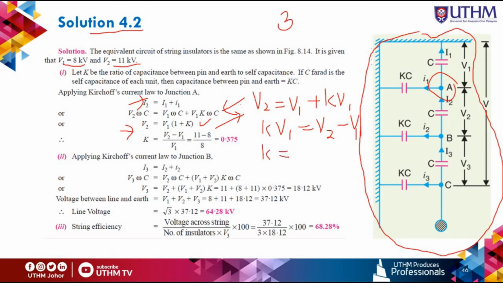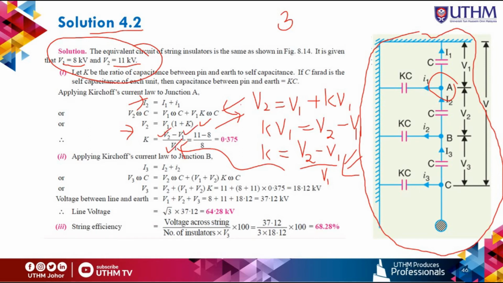So K is equivalent to V2 minus V1, divided by V1. We substitute the values into this equation. V2 is 11, V1 is 8, and V1 is 8. So we get K equivalent to 0.375.